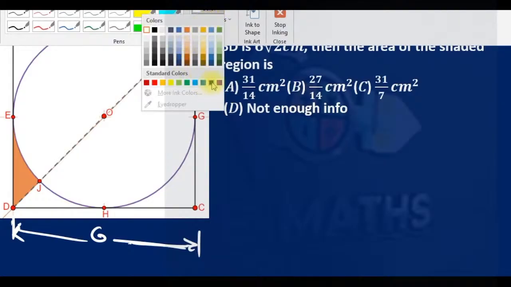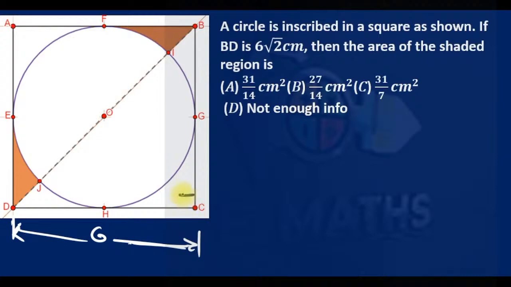Yes, the angle here is a square. So since BD is the diagonal, which is 6√2, these two must be 6, because this 45 is an angle bisector. So that's it.